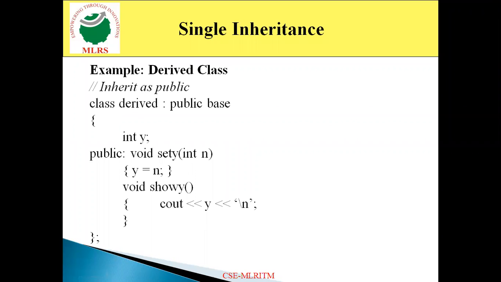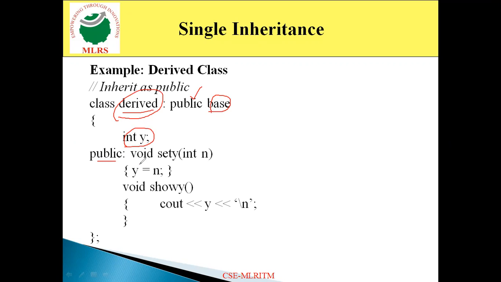Now look at this example of the derived class. The name of the class is derived, and here we are deriving the class from the base class in public mode. In the private section, I specify the data member int y.